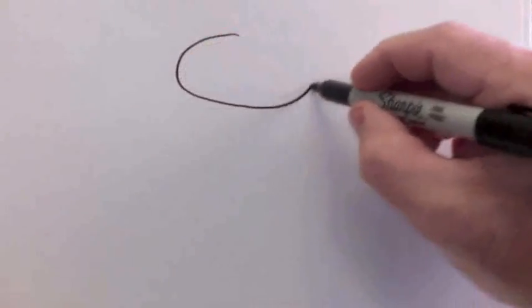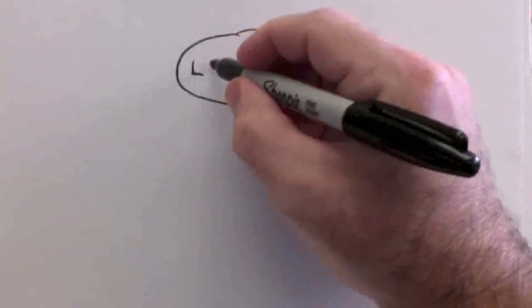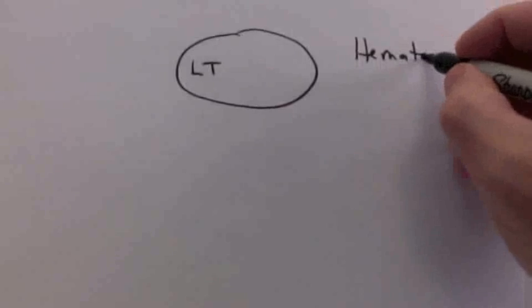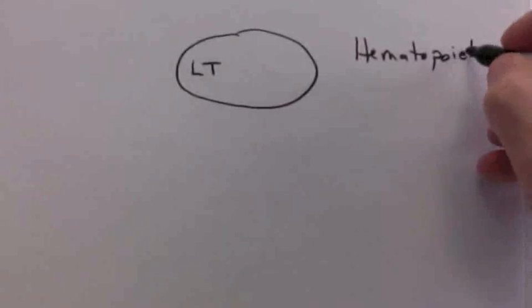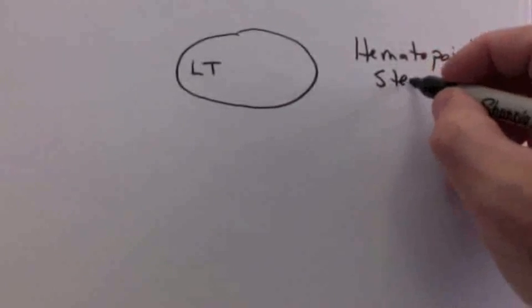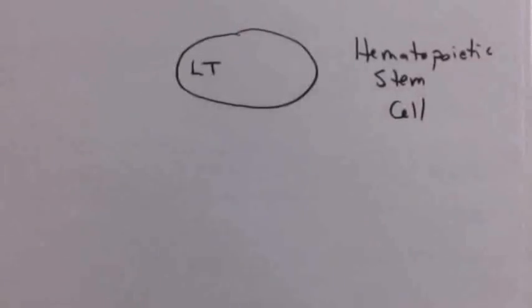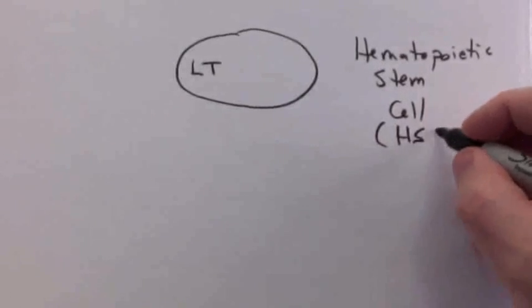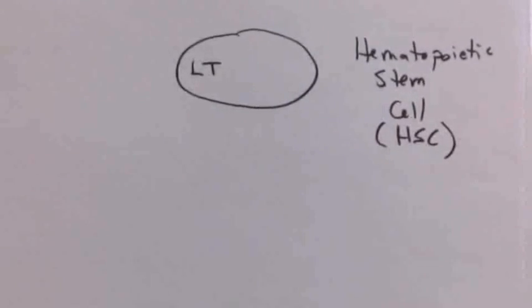This is known as, and we're going to start way back in time, a long-term, we'll call that LT, hematopoietic stem cell. Now, that's a lot to write down, so this is usually just called an HSC for ease of writing.